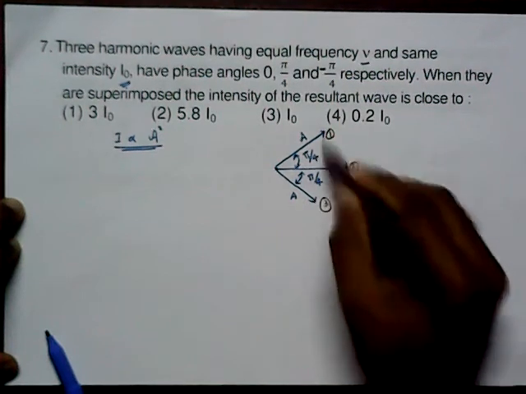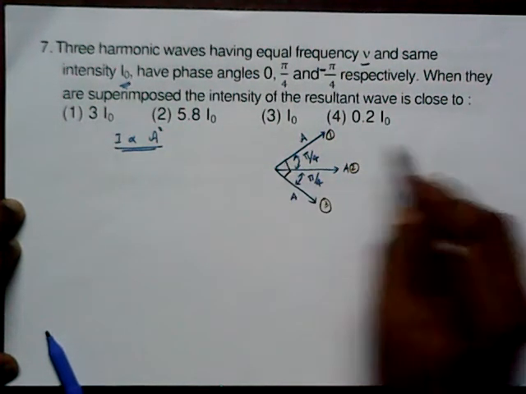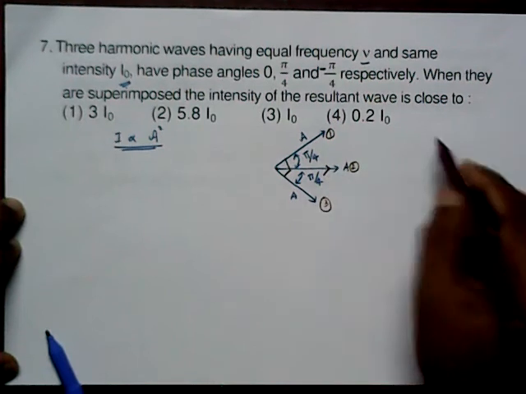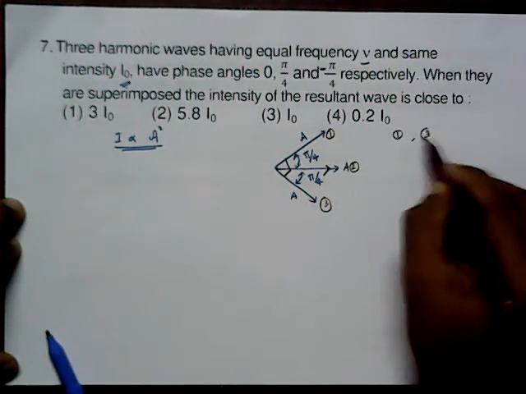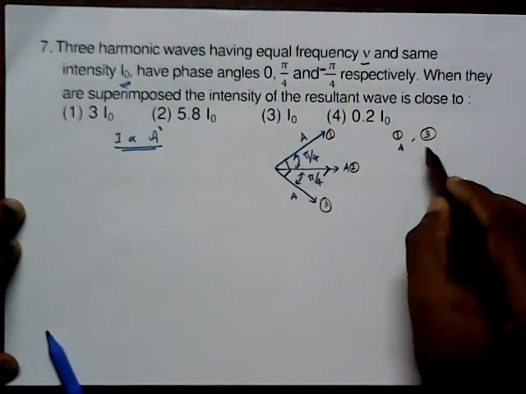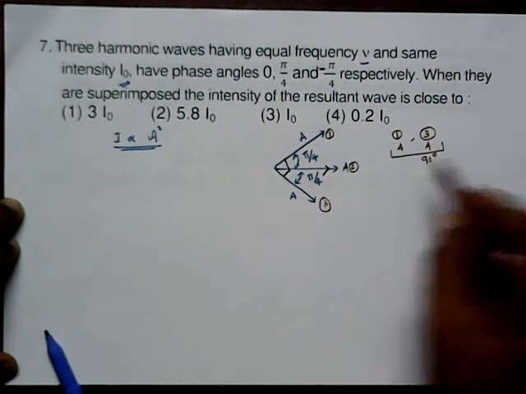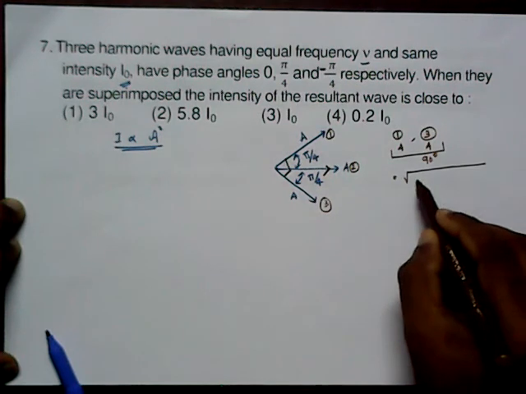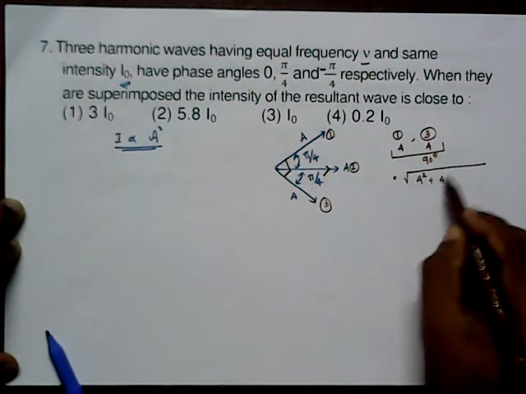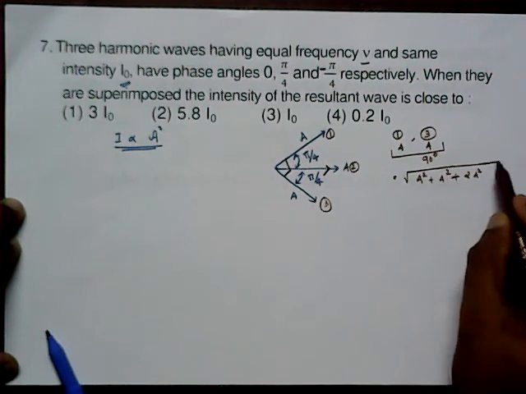Then at first we can think about what is the resultant of waves 1 and 3. They make an angle of 90 degrees, and hence their resultant should be what? Both have amplitude A at 90 degrees, so you can use the simple formula: root of A square plus B square plus 2AB cos 90.